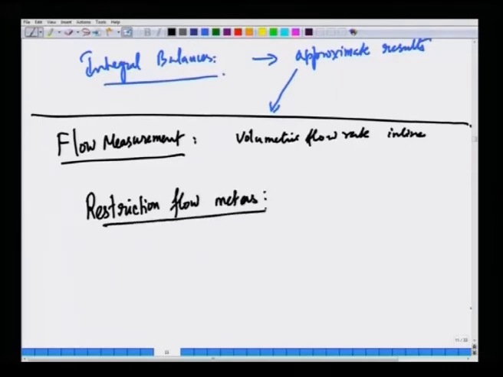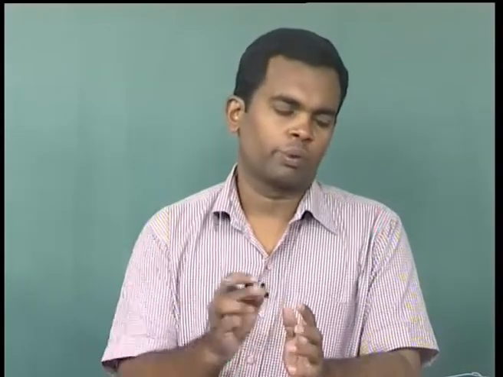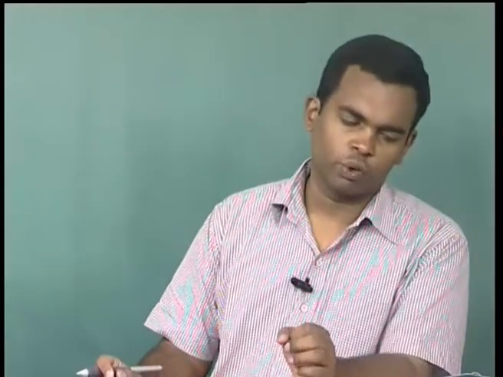These are flow measuring devices which are fixed within a pipeline network in which fluid is steadily flowing, and by measuring a pressure drop between two appropriate points within this device, we can correlate the pressure drop to the volumetric flow rate. That is the philosophy of restriction flow measurement devices or restriction flow meters.